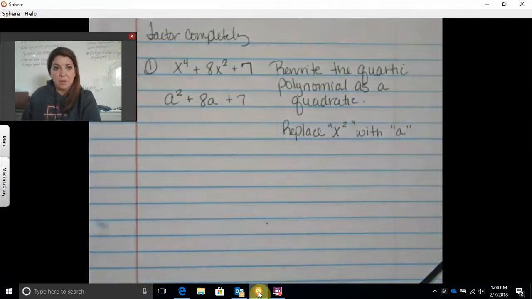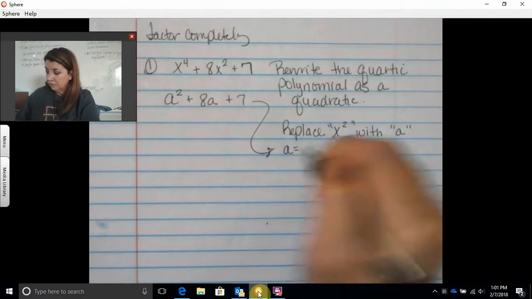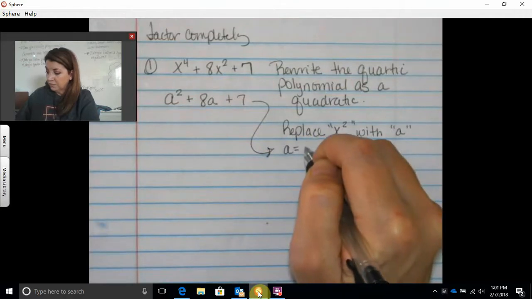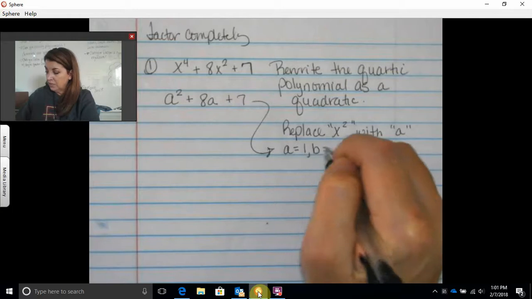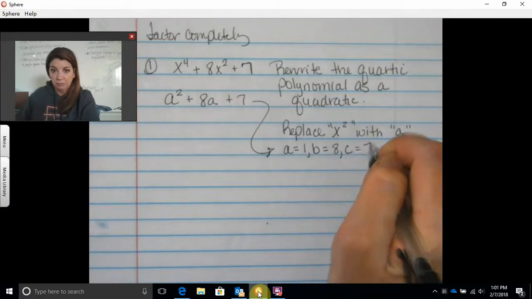So didn't I rewrite it to make it look like a quadratic polynomial that we know how to factor? How do we factor a quadratic? T-chart, divide and slide, right? All right. So a equals 1, b equals 8, and c equals 7.